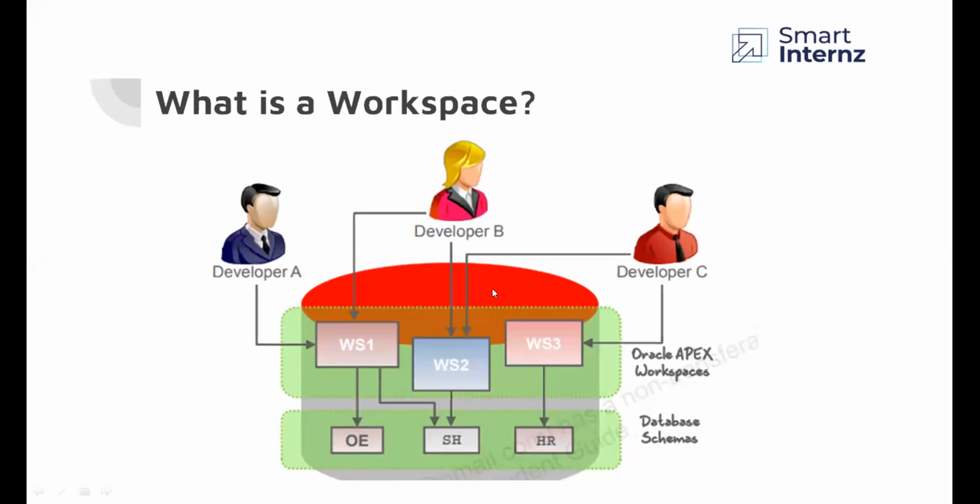So here you can see the architecture: developer A is there, developer B is there, developer C is there. These are three developers, and you have three workspaces here: WS1, WS2, and WS3. At the bottom, you can see OE, SH, and HR. These are database schemas.